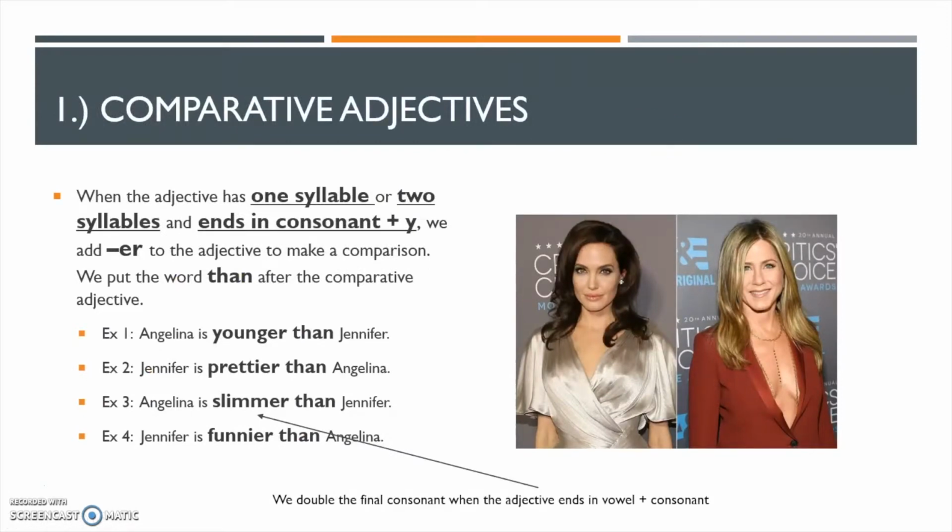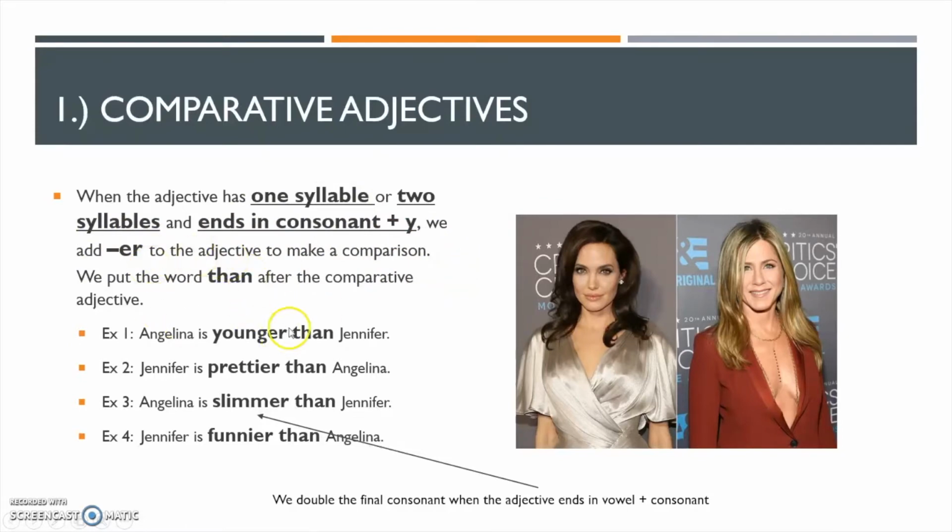So comparative adjectives is where we're going to begin. First we need to look at how many syllables an adjective has. If an adjective has one syllable, like nice, young, old, new, or two syllables, like happy, silly, funny, and ends in consonant Y, we add ER to the adjective to make a comparison.